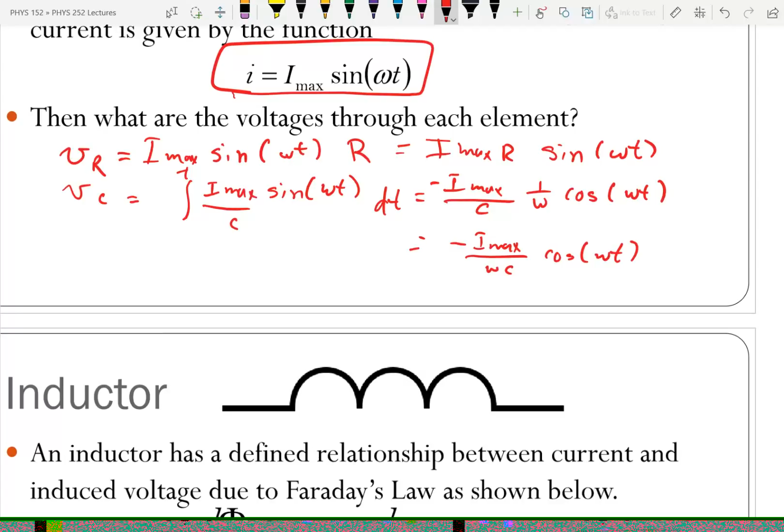How can we make it a sinusoid? So cosine of omega t, if I take cosine of omega t and I add pi over 2, I have sine of omega t. If I subtract pi over 2, I have minus sine of omega t. So let's subtract pi over 2 because we have the minus sign out front.